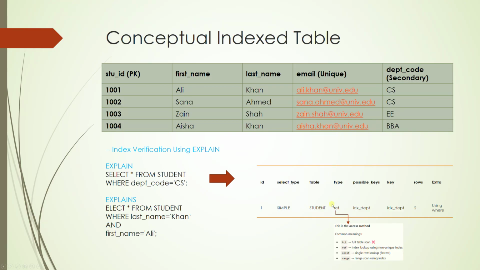We have this attribute, department underscore code, on which we have applied the index. So that index will go and search for only those records where the value is CS. It will tell us that only two records have been checked and the others have been skipped. So this saves our time.